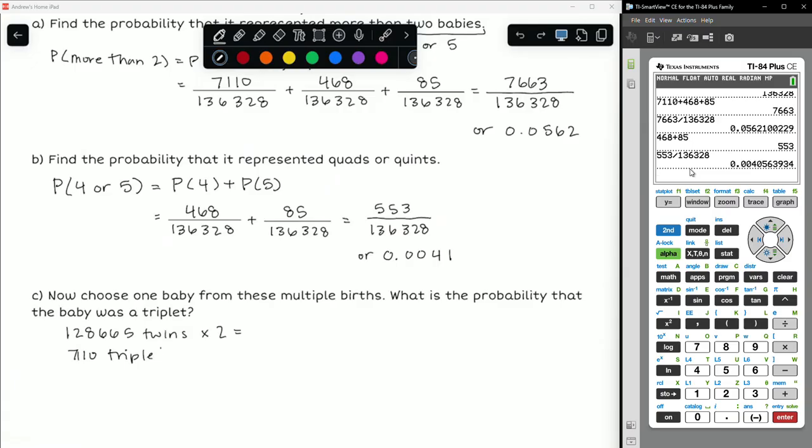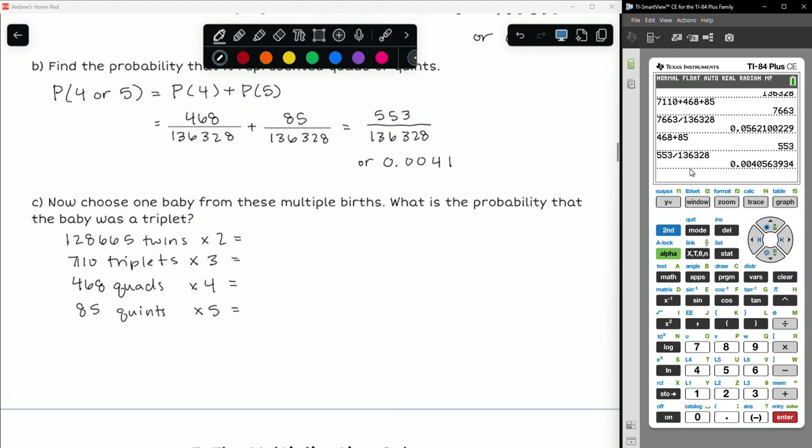Triplets means times 3. I have 468 quads. Quads means times 4. I have 85 quints. Quints means times 5. So I'm going to need to figure that out, and then I'm going to need to add to get the total number of babies.